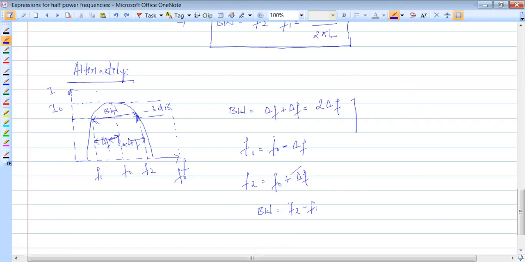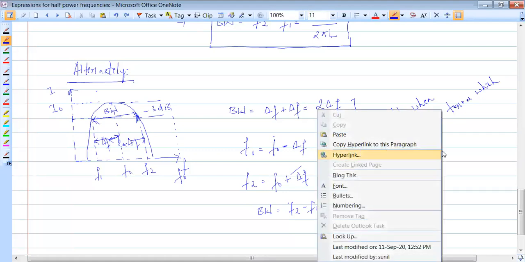This is possible when bandwidth is known, from which delta f can be obtained.